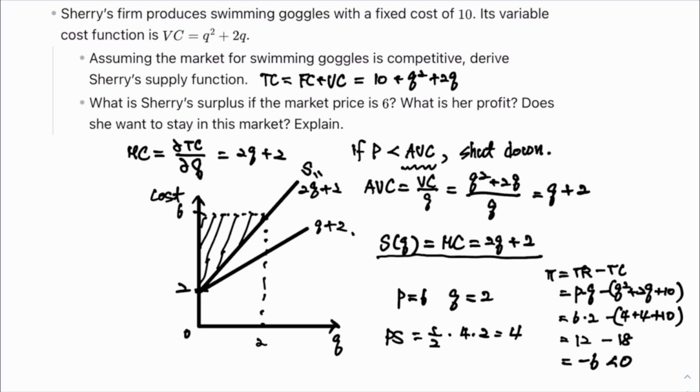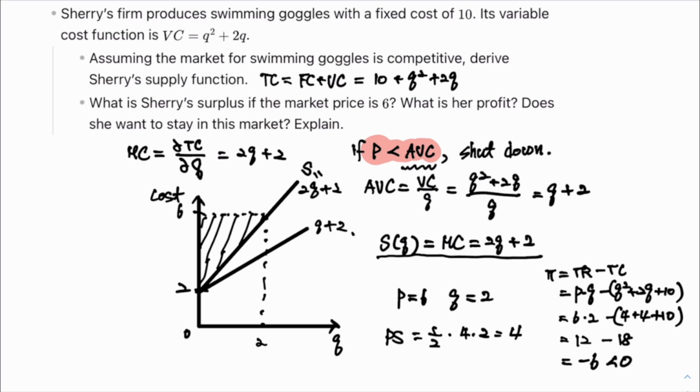So does she want to stay in this market? Explain. In this shutdown case, we are not exiting the industry, but we can decide to shut down or not. In this case, pi is less than 0, but the shutdown point is determined by the condition P less than AVC. But in this case, we need to produce. It may seem counterintuitive, but the reason is right here.